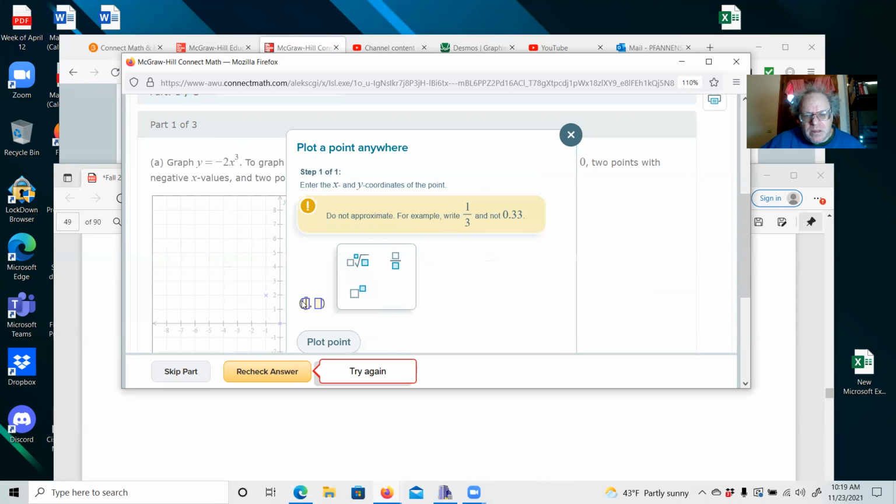I put in 3/2, negative 27 fourths. Plot that point, and negative 3/2 rather. And we'll type in positive 27 fourths.